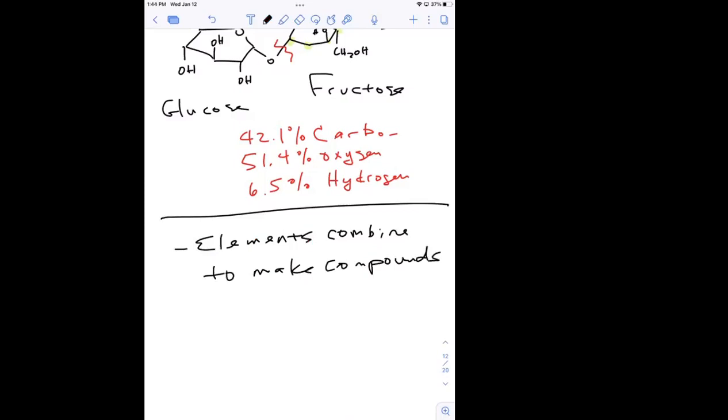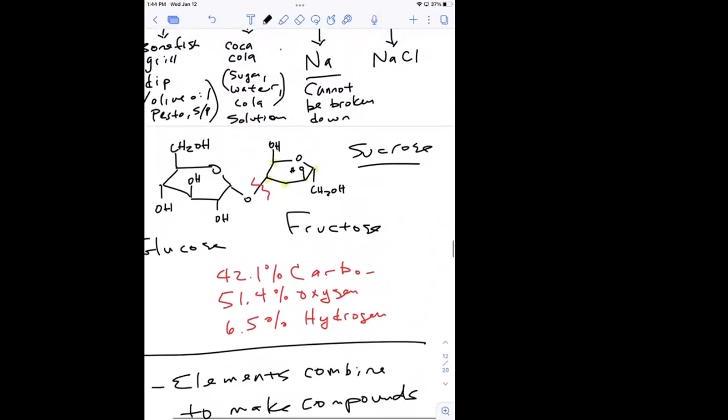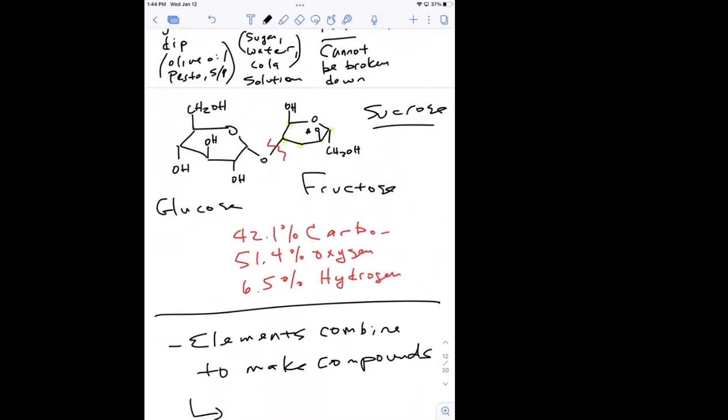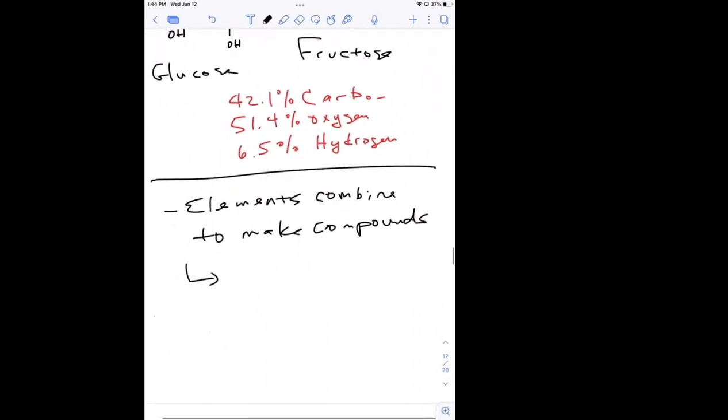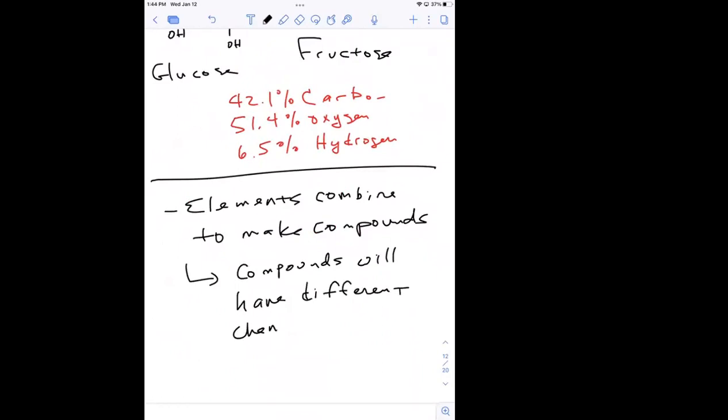And up here you can see for sucrose, the elements that make it up are carbon, oxygen, and hydrogen, right? But when you make compounds from elements, the chemical and the physical properties are going to change. Right, so different chemical properties and physical properties.